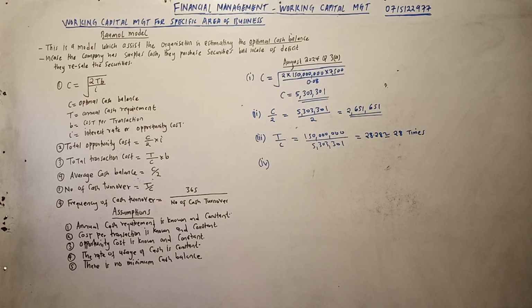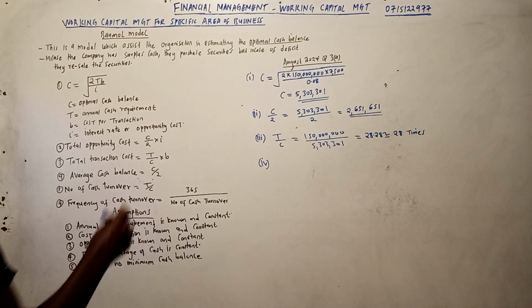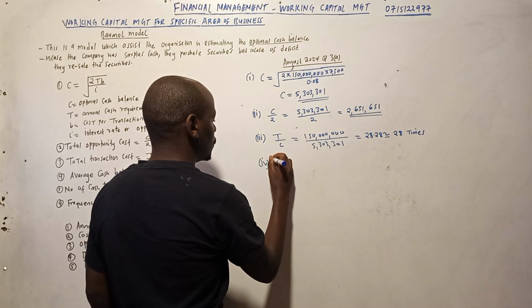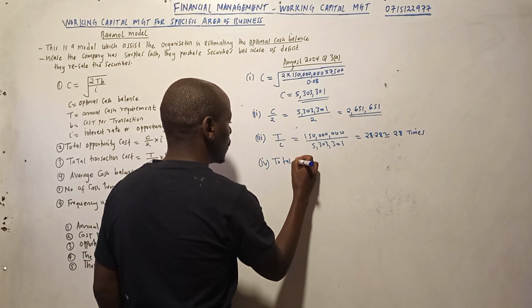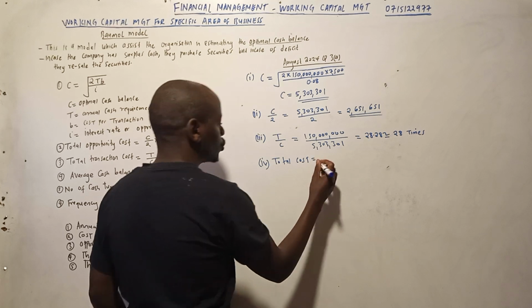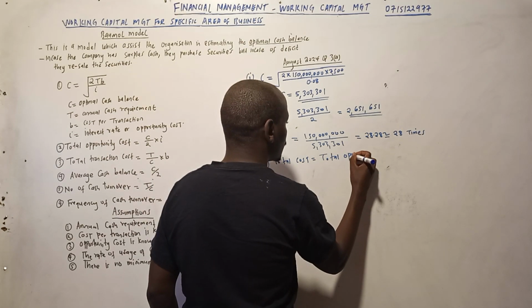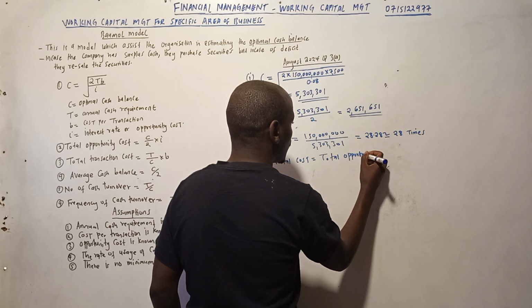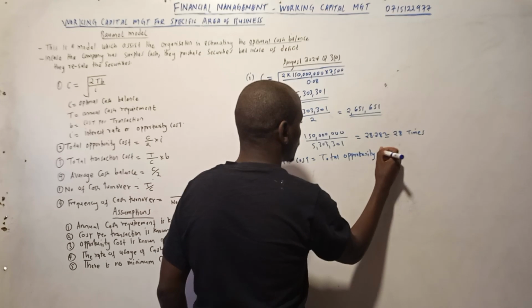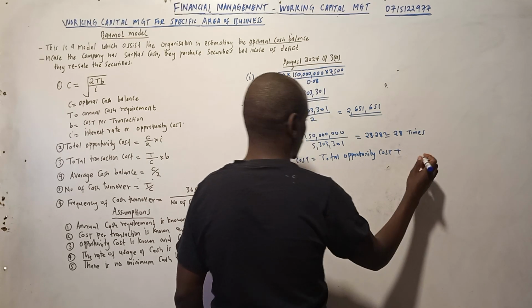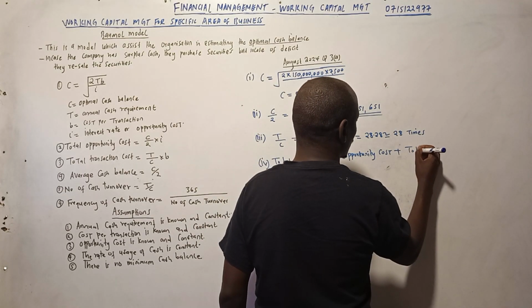Number four, total cost. Total cost is equal to total opportunity cost plus total transaction cost.